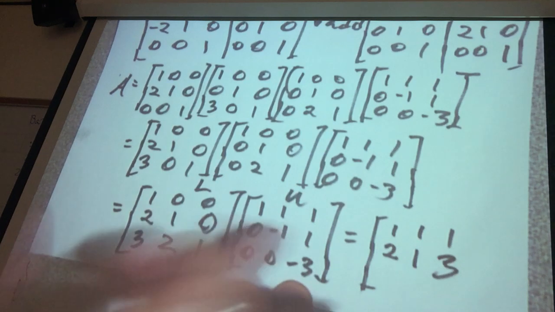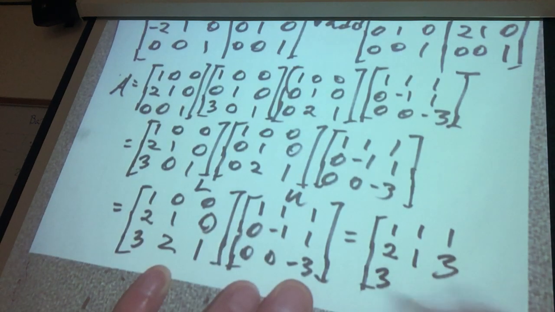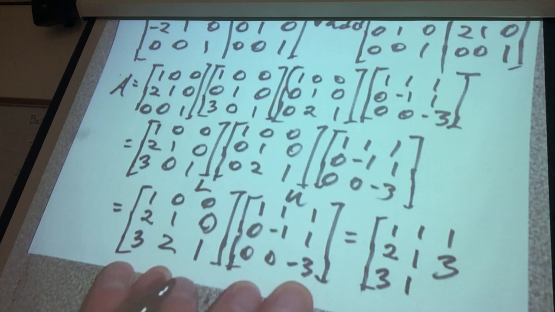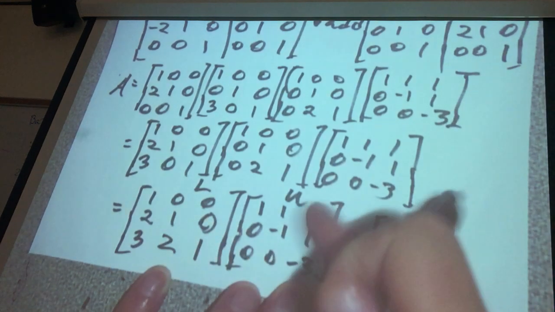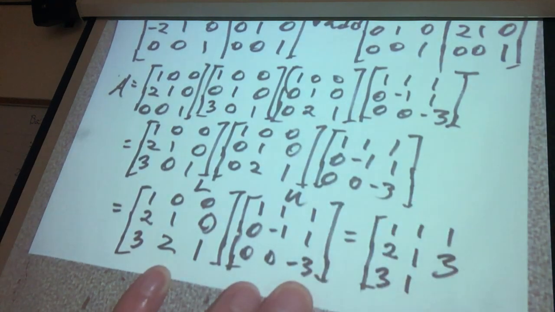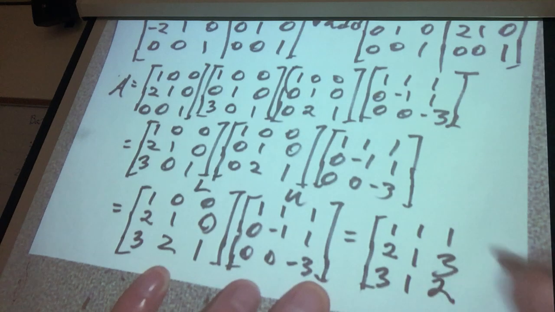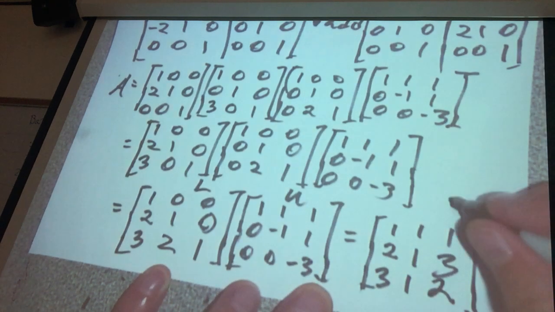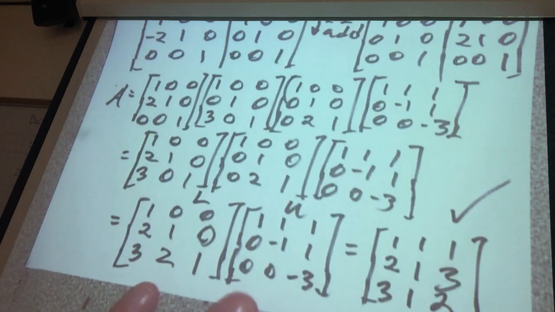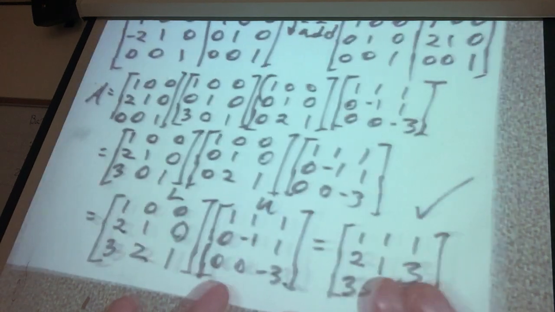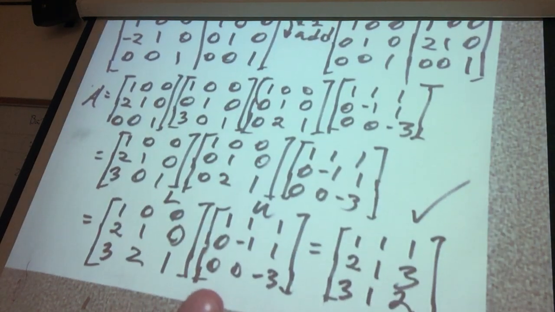Then 3, 2, 1 acting on the middle one is a 3 and a negative 2, so that's a 1. And 3, 2, 1 acting upon 3, 2, 1: 3 and negative 3 cancel each other out, and that becomes a 2. And I believe that's the first matrix that we began with, which is our A. So that's just us checking our work right there.